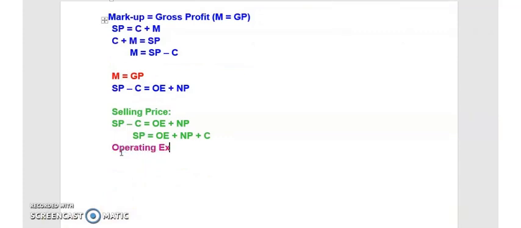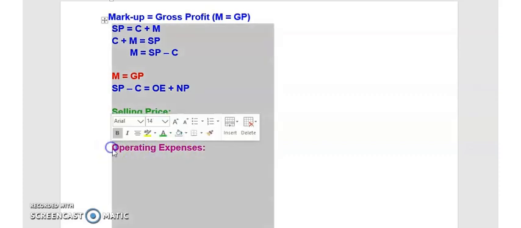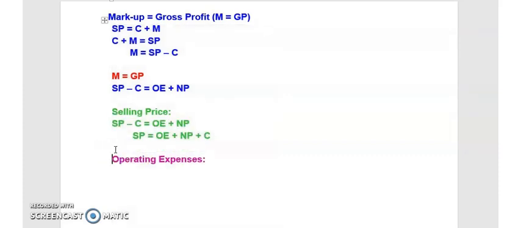Start from this formula and make OE the subject. So you write here OE plus NP plus C equal to SP. Now we want to find OE.